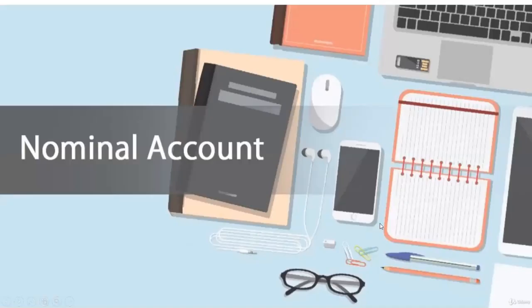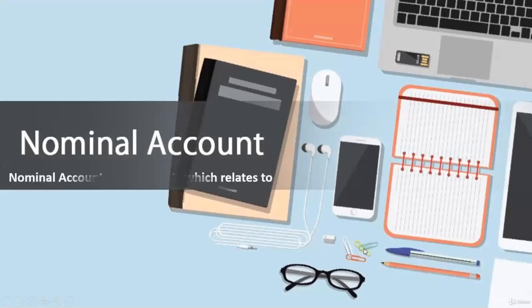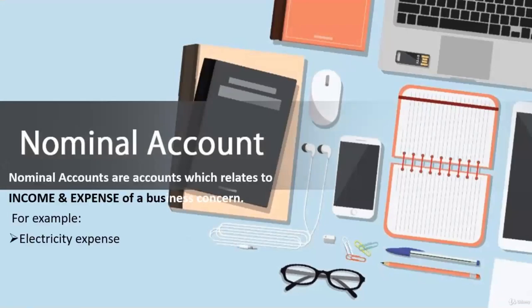Now, nominal account. A nominal account is an account which relates to income and expense of a business concern. Like we had bifurcated our assets and properties accounts, we have bifurcated our persons' accounts like supplier, customer, lenders. Now the rest of the accounts of incomes and expenses will be treated as the nominal account.